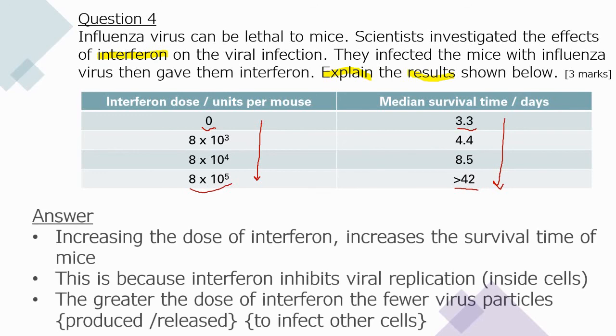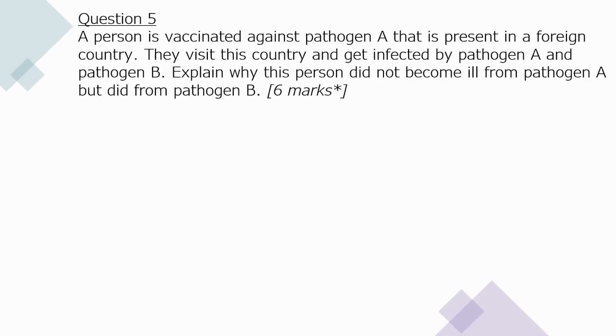Question 5. A person is vaccinated against pathogen A that is present in a foreign country. They visit this country and get infected by pathogen A and pathogen B. Explain why this person did not become ill from pathogen A but did from pathogen B. So let's go ahead and highlight the key words.